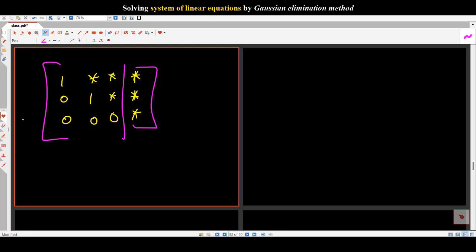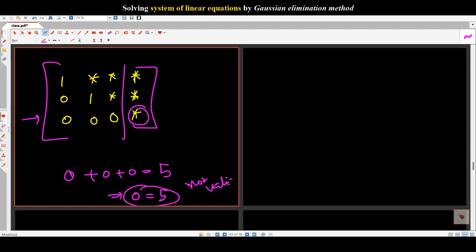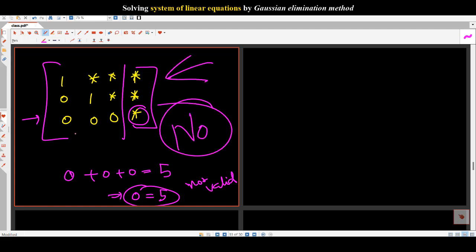Now think about the last equation. Here we have 0 plus 0 plus 0. Now if this star is a non-zero value, let's say 5, then ultimately you have 0 equals 5. That means 0 equals 5 is not valid. So the system that we have has no solution.